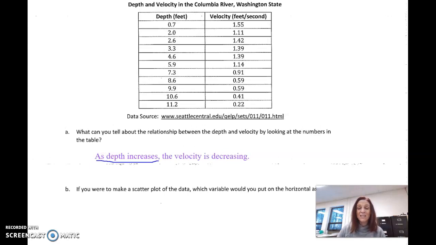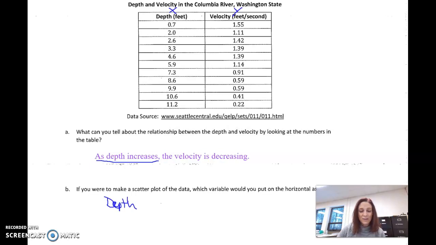If it's easier to measure, it's easier to plot these points. That, along with the fact that whatever is in the first column is your independent, your x variable or x coordinate, and the second column is your y coordinate. But really, we always say this depends on this. The velocity depends on the depth. So what variable would you put on the horizontal axis? I would put depth.